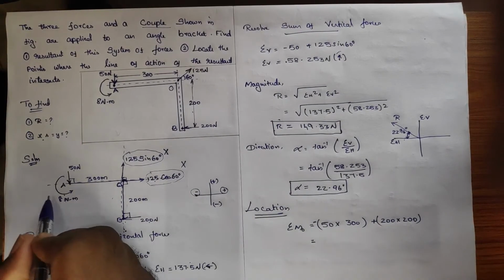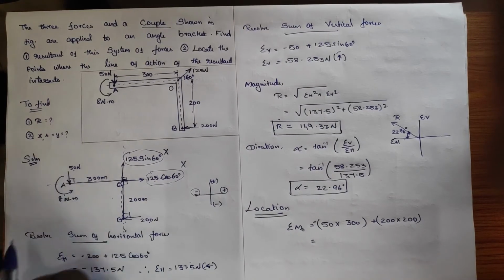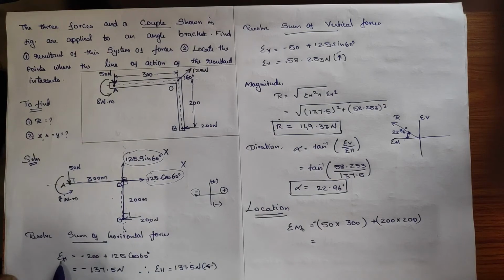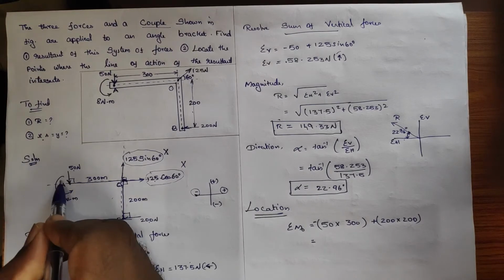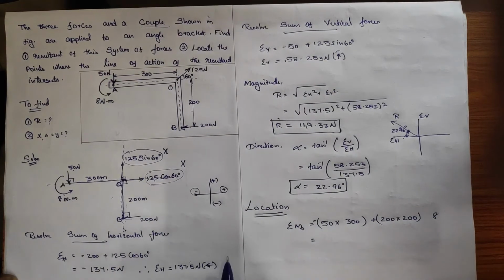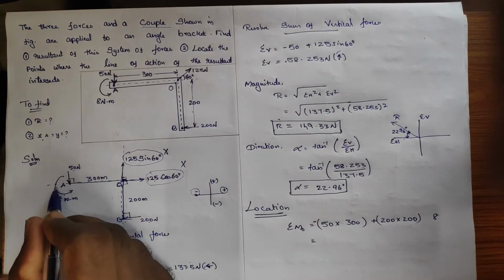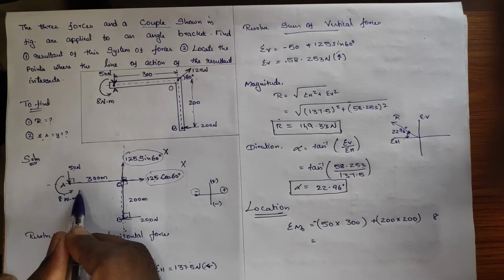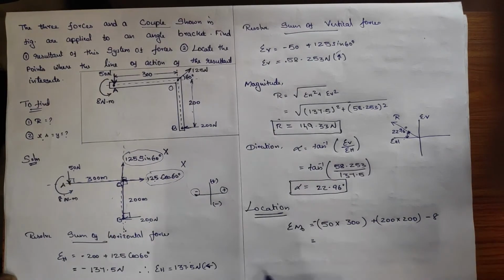And then see, here we have the couple. This couple, I said, won't take part in summation of H and summation of V, but in the moment it takes place. So this couple can be calculated here. That means 8, which is given, and look in which direction it is moving. This is moving in the anti-clockwise direction, so it carries minus.